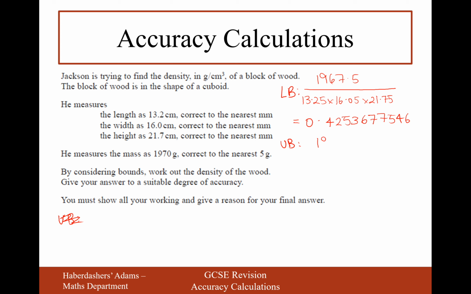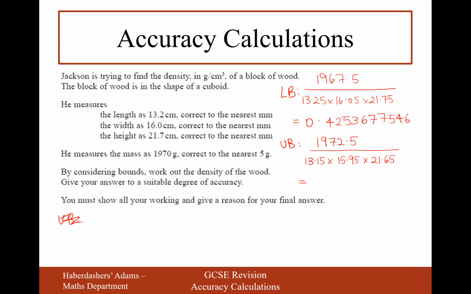Okay, time to move this up to the upper bound spot here. That's going to be 1972.5 divided by as little as possible, so 13.15 times 15.95 times 21.65.